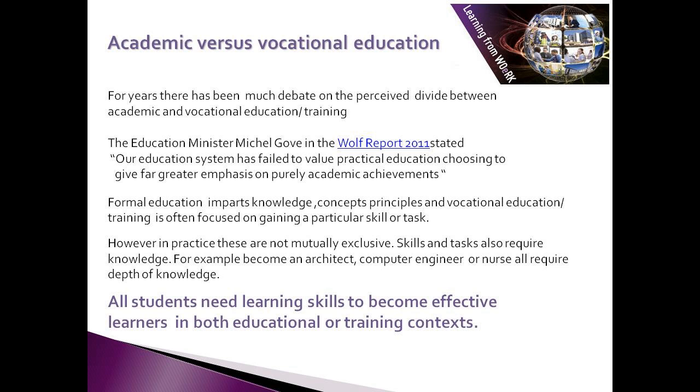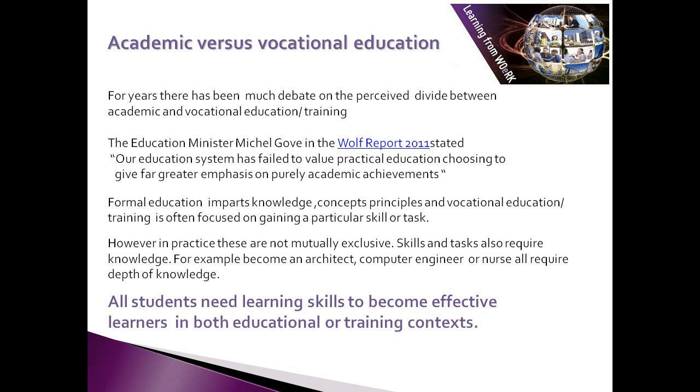There's been much debate about the perceived divide between academic and vocational education. Academic mainly refers to university, schooled qualifications, formal qualifications, which is about concepts, maybe history, geography type of qualifications, versus vocational training, which often focus on gaining a skill.